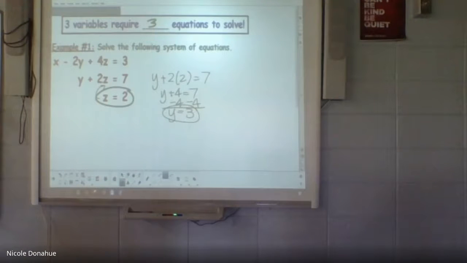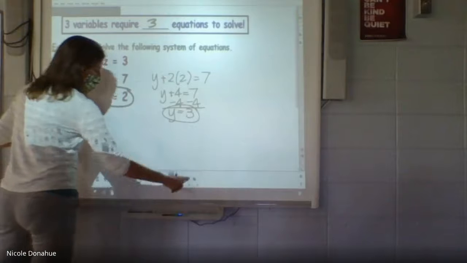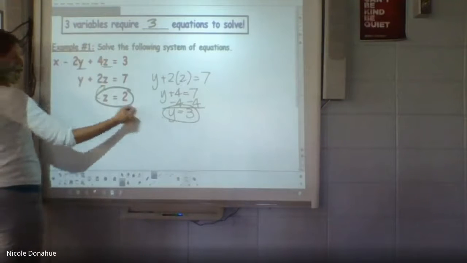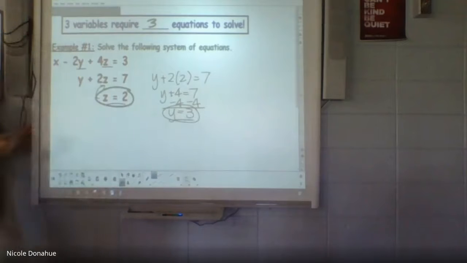Now I have y and I have z, so I can go back to the top equation. I should be able to find x, because I have 2 out of the 3 variables. So y and z I know, and I'm going to be able to find x.